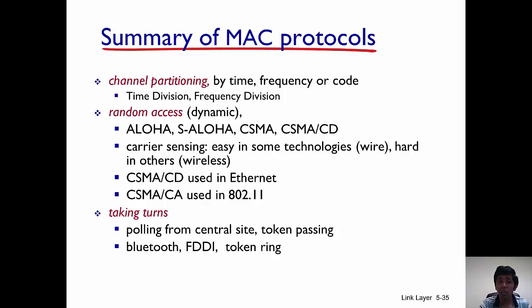We will not have time in this course, but there's another protocol called carrier sense multiple access with collision avoidance, that is CSMA/CA, which is used in wireless LANs. After completing random access and channel partitioning, we looked at taking turns protocols, which combine the best of both worlds, and we looked at polling and the token passing algorithm.